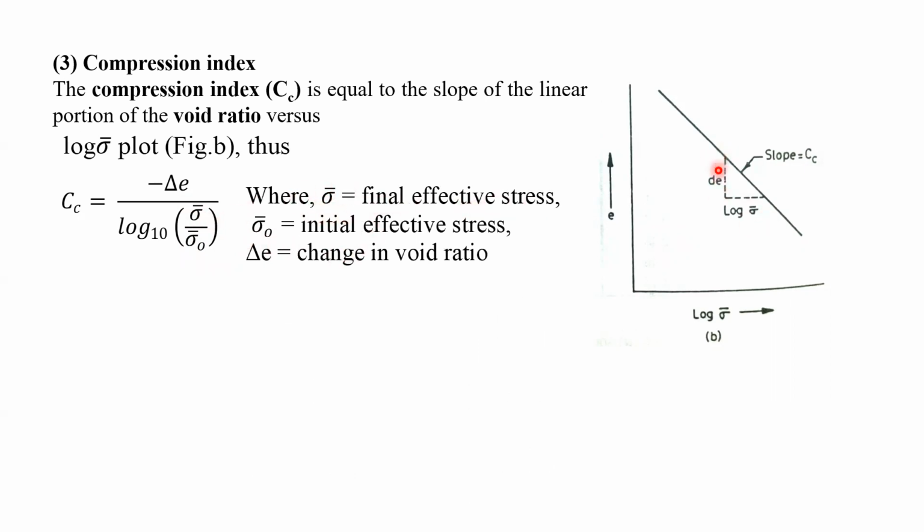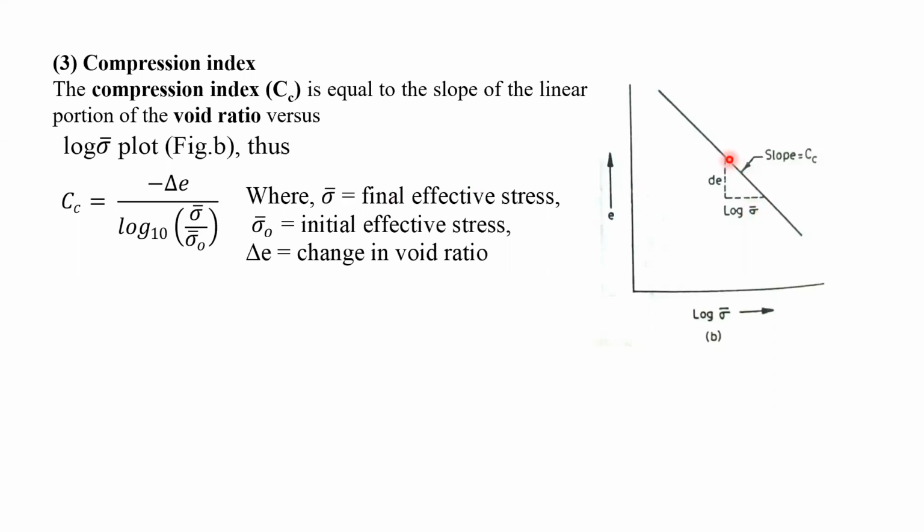How can we find the effective stress and the void ratio here? The initial void ratio is here, and once you increase the effective stress, you get the void ratio at this point. This is the initial effective stress, and this is the final effective stress.